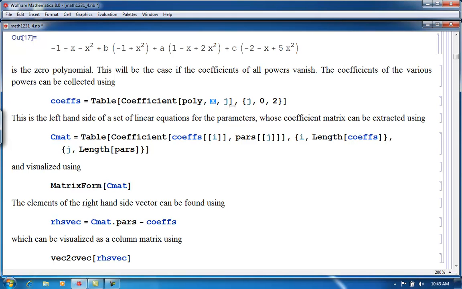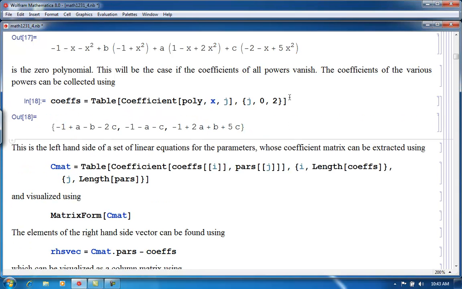So we want to do that for j equals 0, 1 and 2, and they will be the coefficients. If our polynomial is going to be in the span, then these expressions should all be 0. And we can see that that's a set of linear equations for the parameters a, b and c.